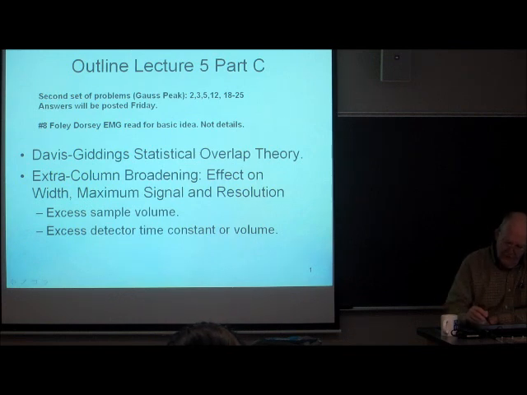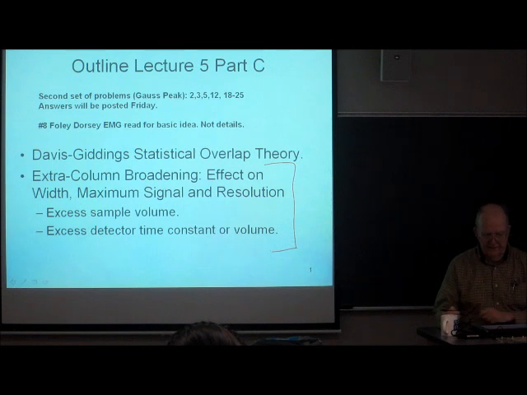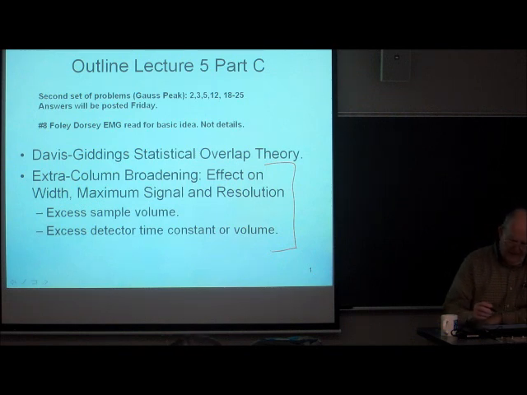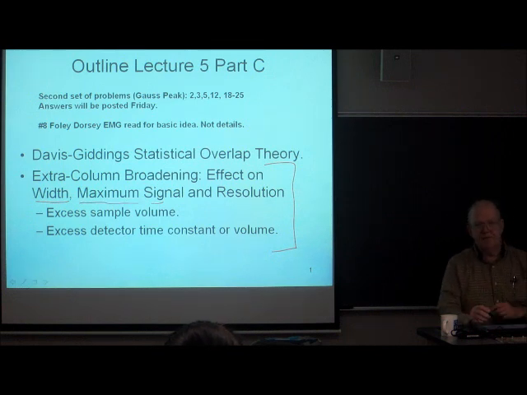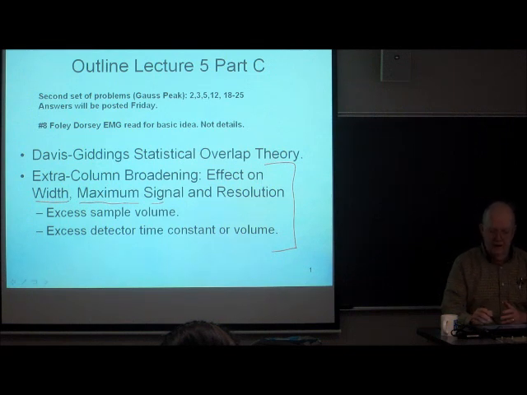And then we'll move into this gigantic, hugely important issue of the extra column contributions to the apparent width of a peak. We'll talk about the effect of the extra column factors on the width of the peak, the height of the peak, or the area of the peak, and perhaps most importantly, we'll talk about the effect of extra column broadening on your resolution.